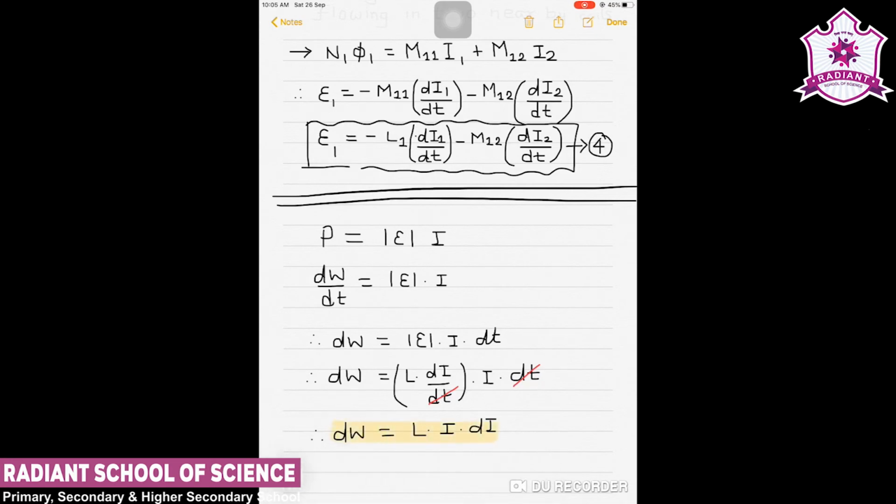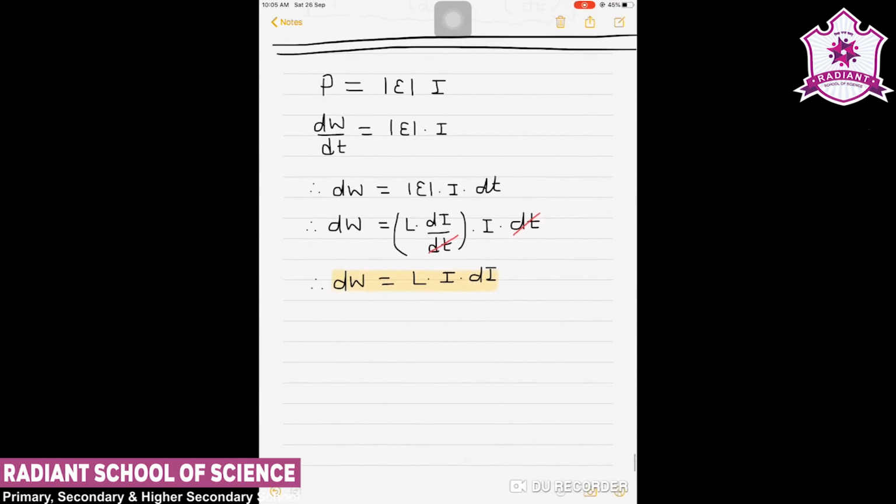So as far as this equation is concerned, we can now consider the part as an integration. The total amount of work done in establishing the current I, that is W, is equal to the integration of dW, that is the integration of L I dI.